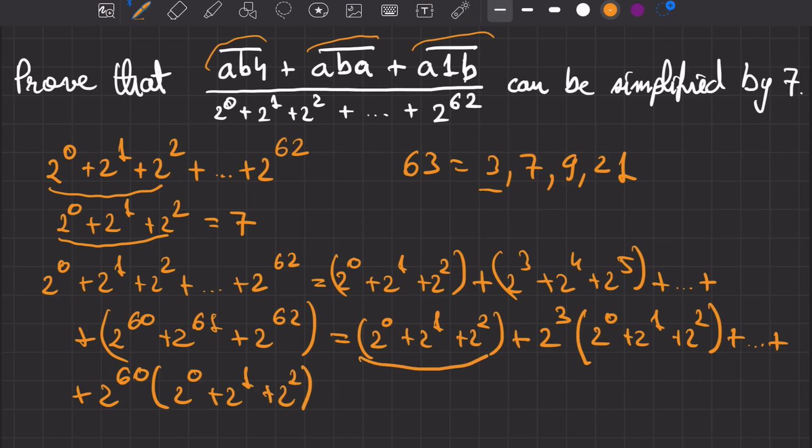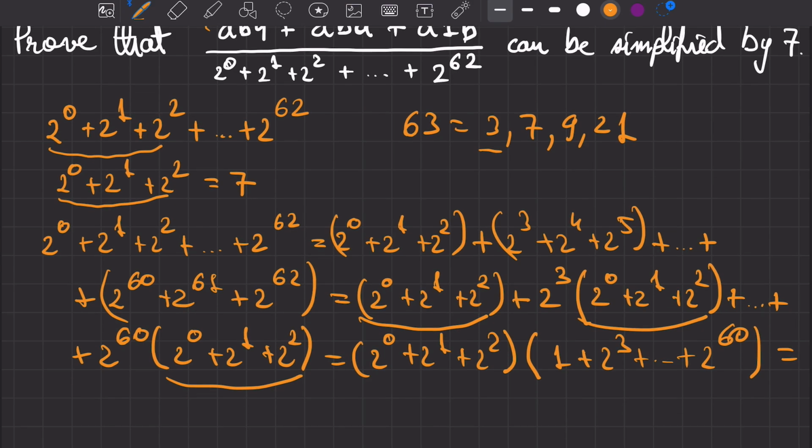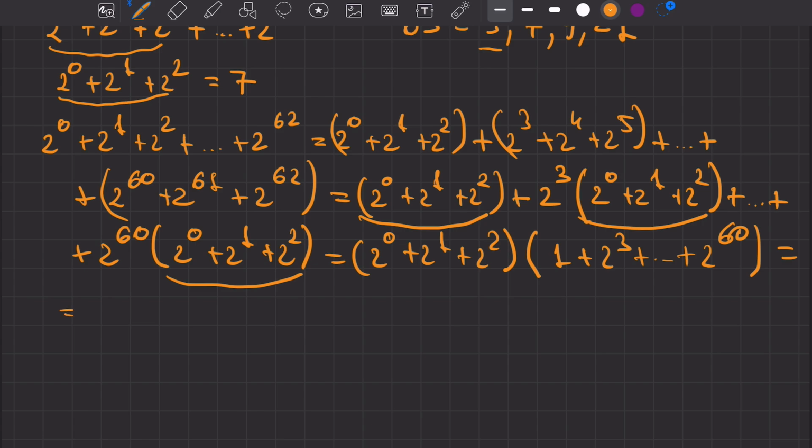And now we can see that we can take these parentheses in front, and we get that from the first one we have 1 plus 2 to the power of 3 plus and so on 2 to the power of 60, and this is equal to 7 multiplied by this huge number that we are not interested to calculate because it doesn't ask us to calculate it.